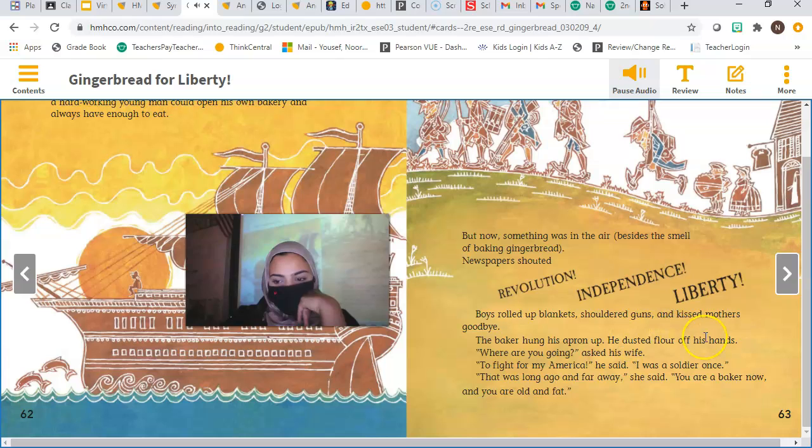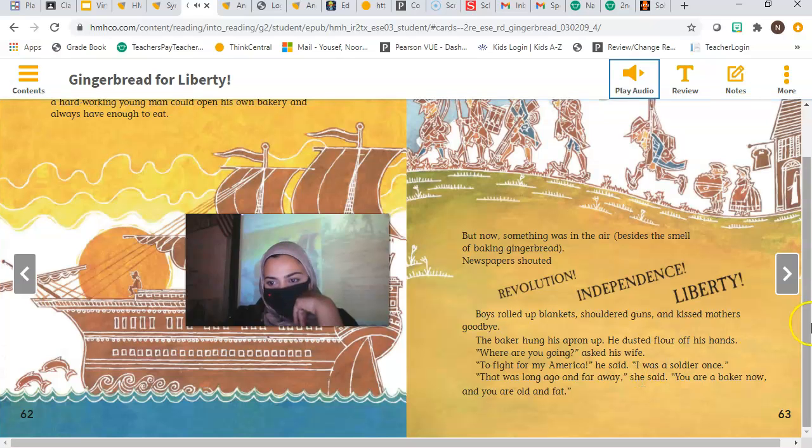He dusted flour off his hands. "Where are you going?" asked his wife. "To fight for my America," he said. "I was a soldier once." "That was long ago and far away," she said. "You are a baker now, and you are old and fat."